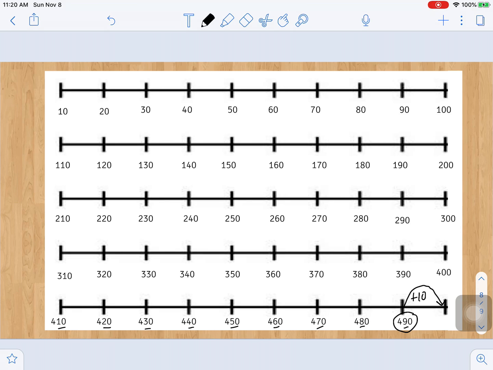Now this one's a little bit tricky because, as I can see, once we get to that nine tens, we go to the next 100. So the next 100 here would actually be 500. So 490 plus 10 equals 500. Great job.